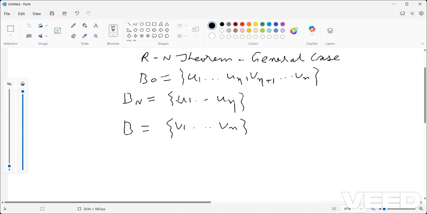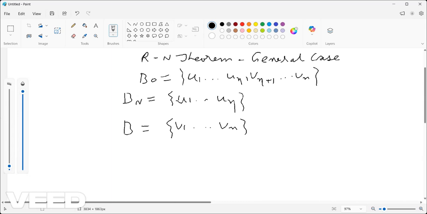If nu is equal to n, which means the whole of V is the kernel of the transformation T, then the rank nullity theorem holds very obviously. But in this case, I need to construct a basis.